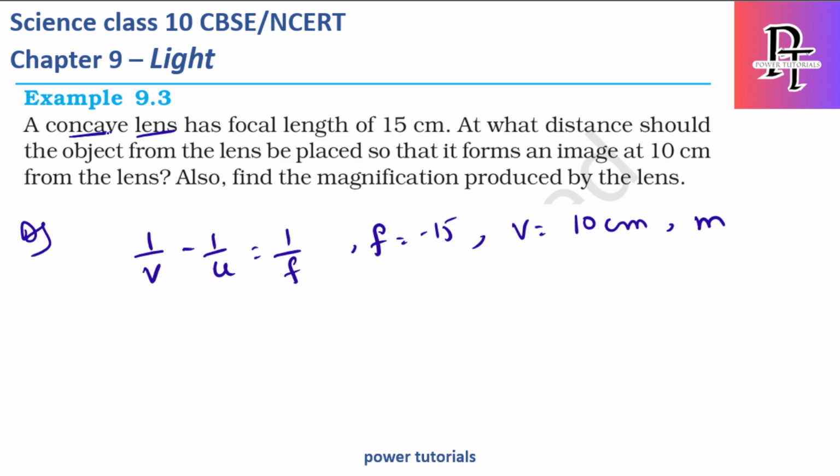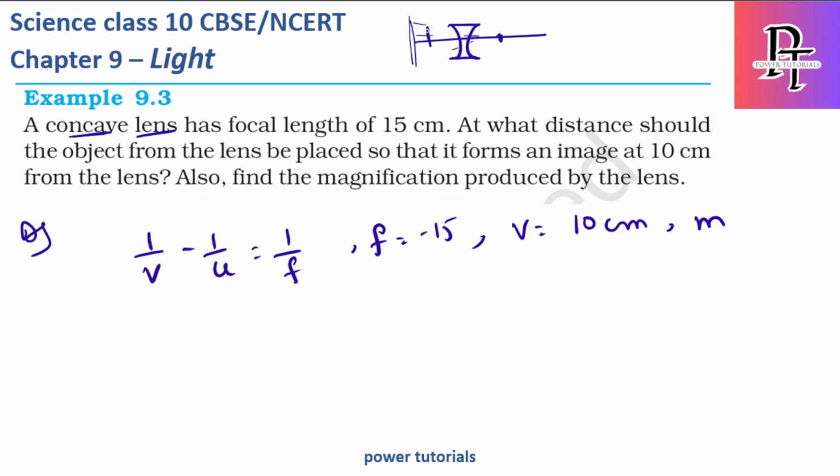For a concave lens, the image is always formed on the same side as the object. If you remember this diagram, I told you that even if you keep the object at infinity, it will converge to one point at the focus.